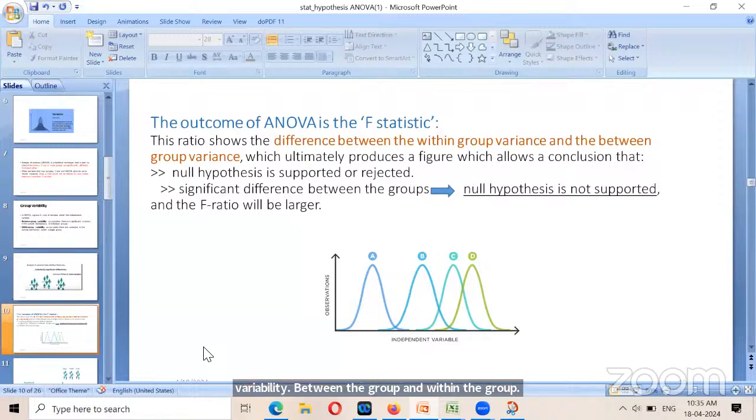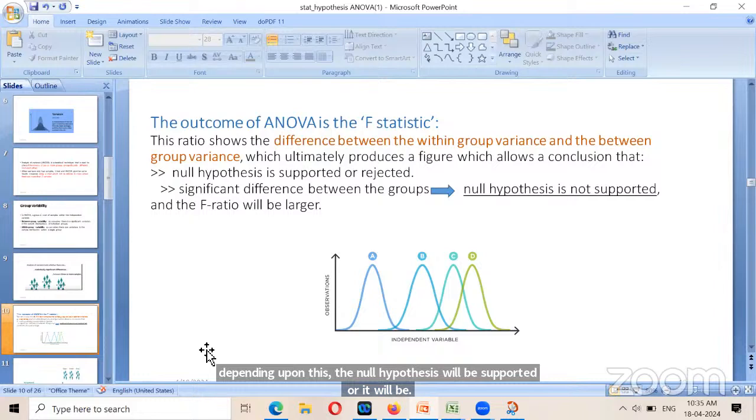So this ratio will give us the concluding remark of the ANOVA test. That's the reason it is called the F statistics, because F is nothing but the ratio of variability between the group divided by within the group. So depending upon this, the null hypothesis will be supported or it will be rejected.